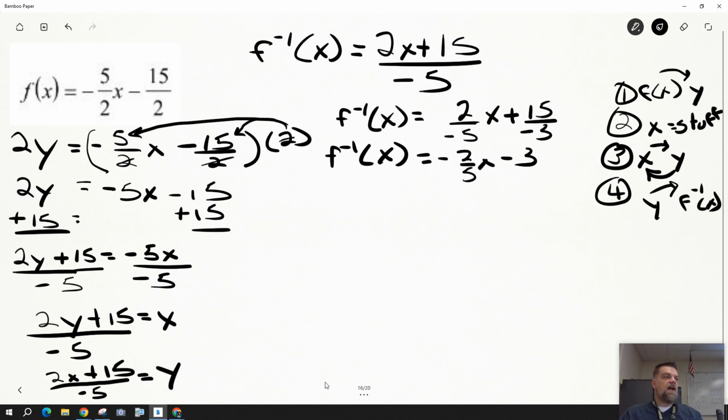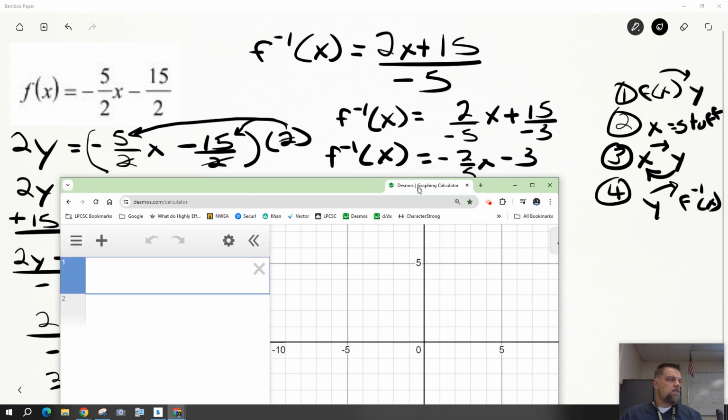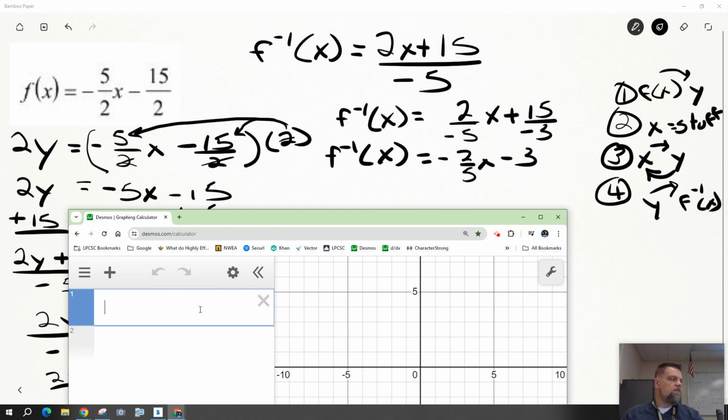So then we're going to graph that and see what we get. I'm going to plug this into Desmos. I'm going to plug in my original function, which is negative 5 divided by 2 times x minus 15 divided by 2.